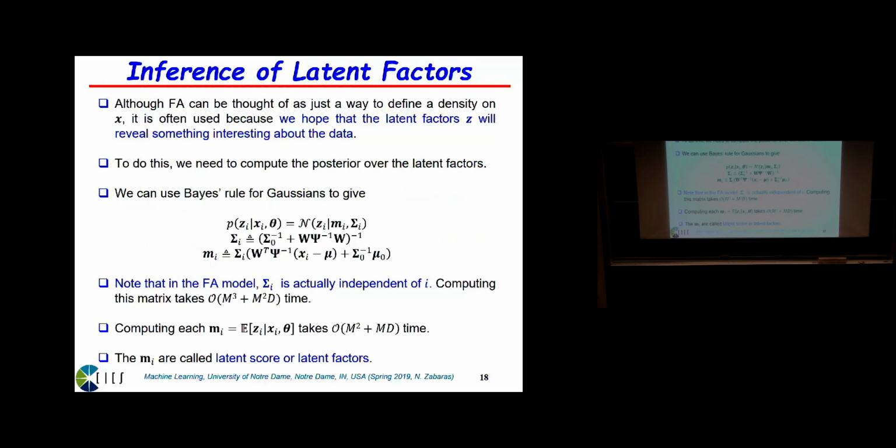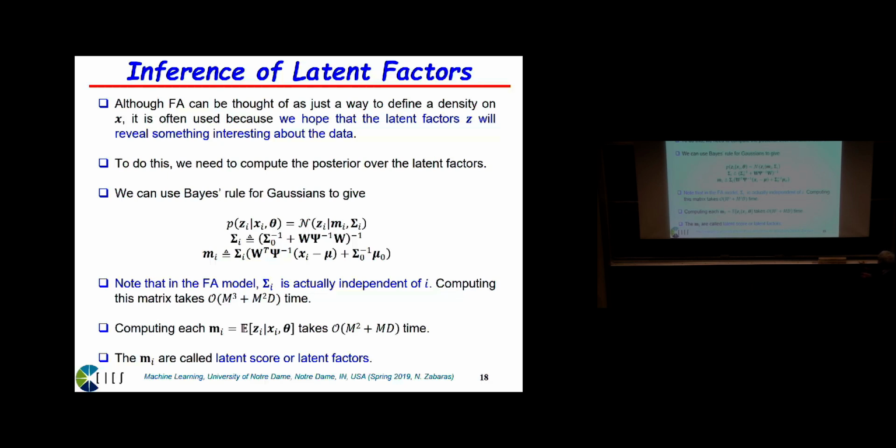Now, if you really want to see this problem in the traditional way of model reduction, you can use Bayes' rule and ask yourself, if you give me a point x in high dimensions, what is the corresponding distribution in latent space? It's nothing but an application of Bayes' rule for linear Gaussian models. If you multiply the previous model, the probability of x given z times the P of z, and normalize it, you get a distribution for z that looks like that.